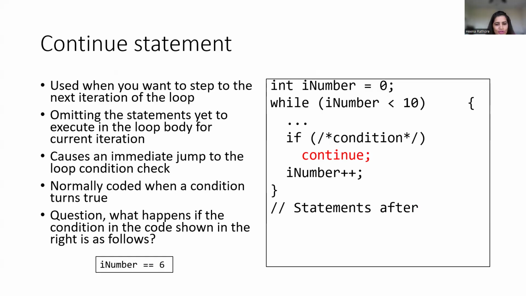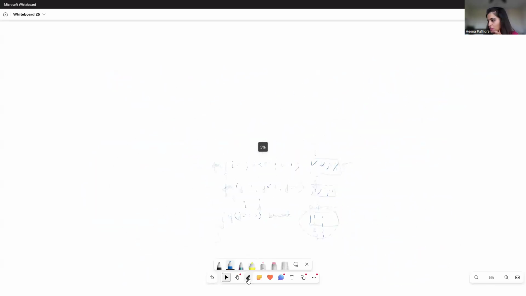I will write a program so that you understand what exactly continue does. So if you remember in my last example, when we were writing the for loop, what exactly continue does is something like this. So for instance, you have your while loop.